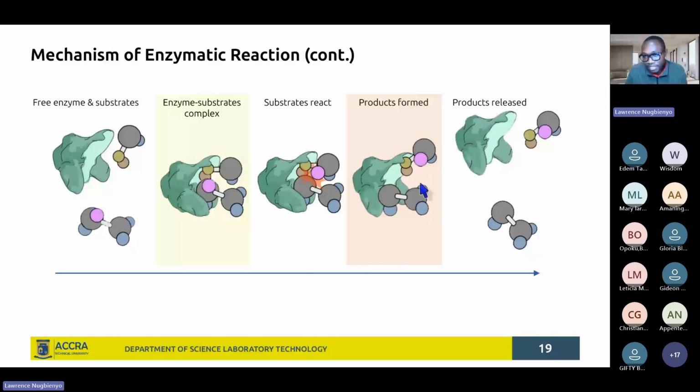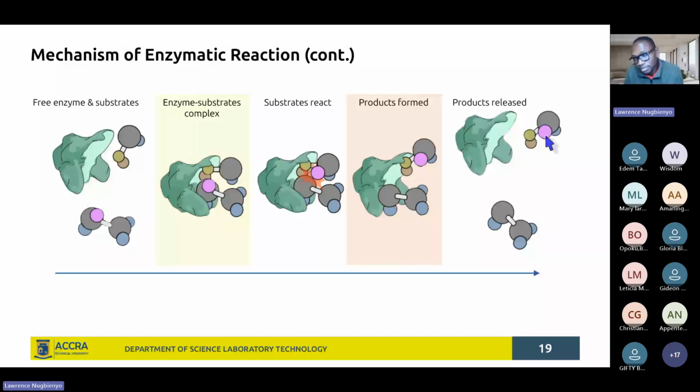The enzyme is free. So if you have an enzymatic reaction mixture where you have substrates with the enzyme in there, you have molecules of the products and you have molecules of the enzyme. Usually you have more substrate molecules than enzyme molecules. So when the enzyme catalyzes the reaction of just one molecule and the product is released, other substrate molecules can also bind.